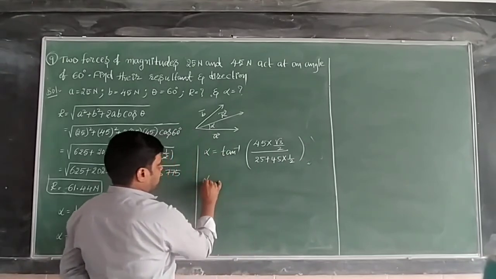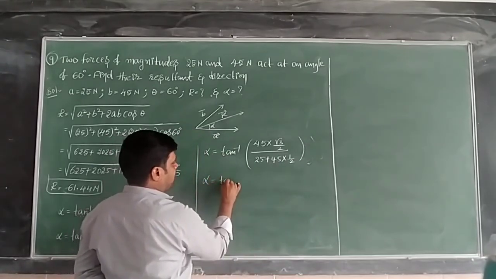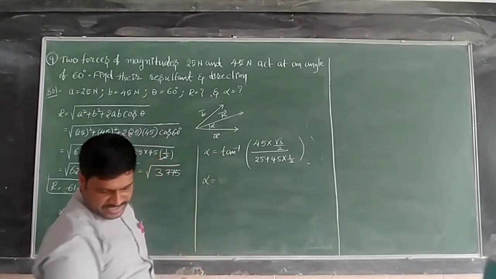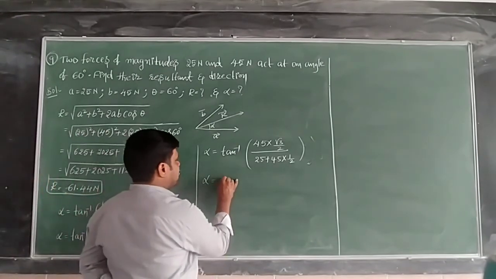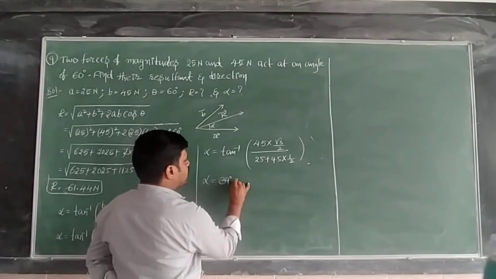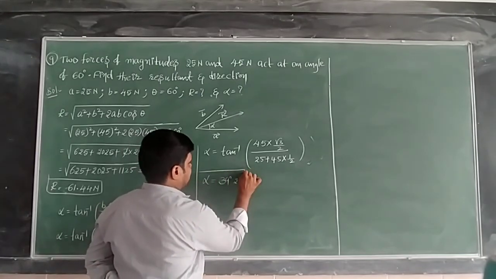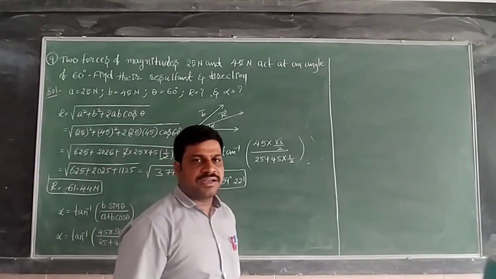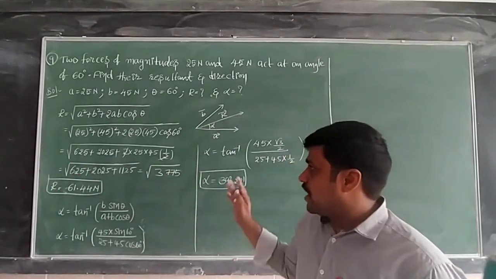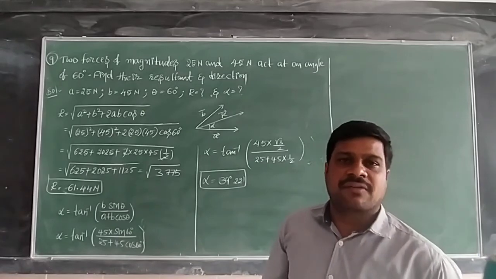After simplification, alpha equals 39 degrees 22 minutes as the angle. When you come to the regular classes, I will explain how to find the tan alpha values. Yes.